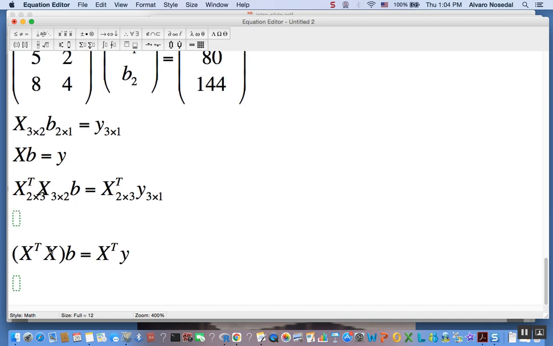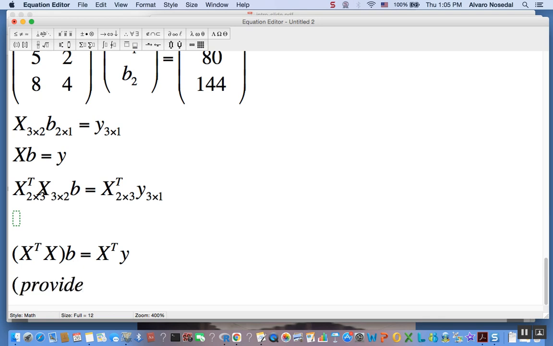If you think about this product as a matrix, if the inverse of X transpose X exists, then you're done. You have found b, the solution.